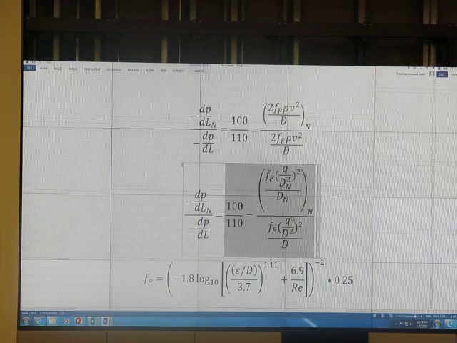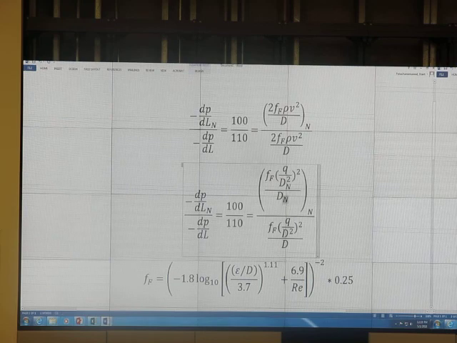Everything is known except the diameter with deposit. D sub n is no deposit, so everything is known. I use Solver to find it.